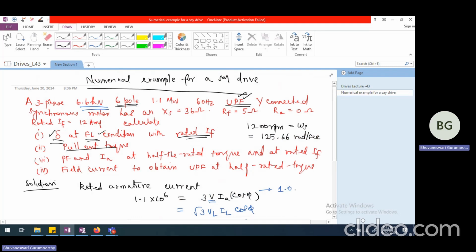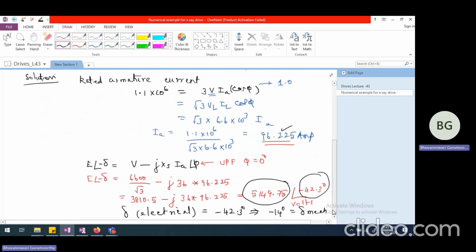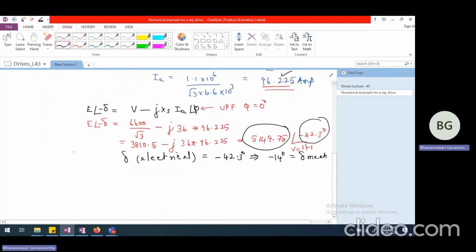The second one is pull out torque. So pull out torque, we just discussed. Pull out torque is equal to E V divided by X S multiplied by 3. This will be pull out power.